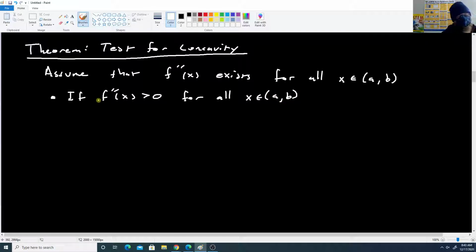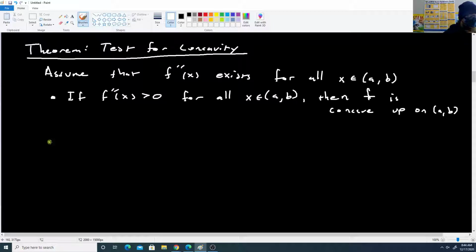So if the second derivative is positive for all x in the interval, then the original function f is concave up. So if the second derivative is positive over an interval, then f is concave up on the interval.